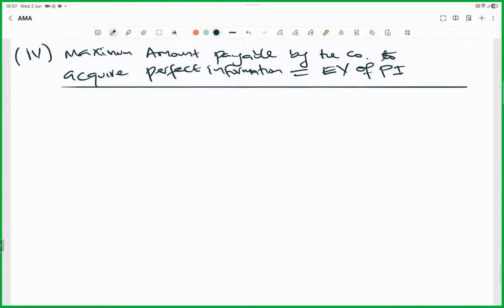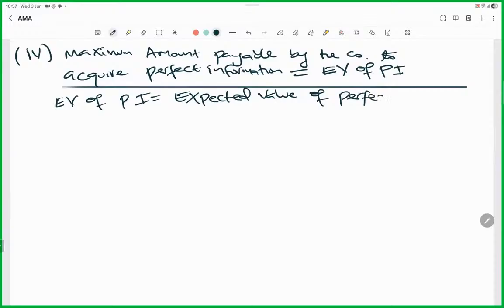Very, very important. I can come and write this in full. EVPI stands for expected value of perfect information, like that.